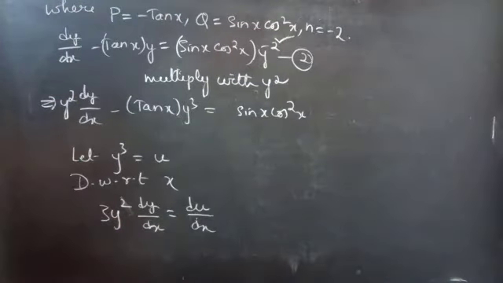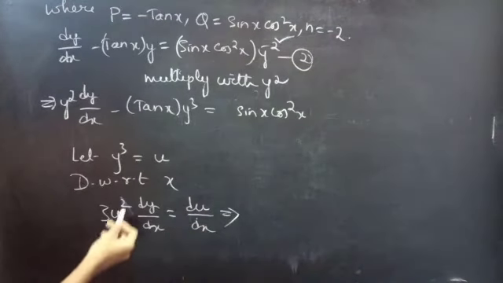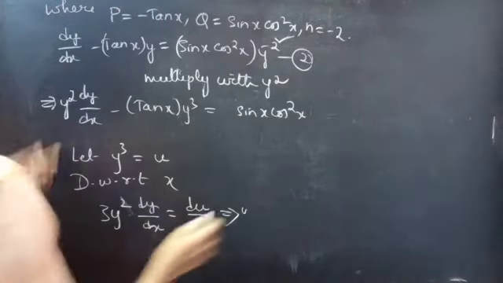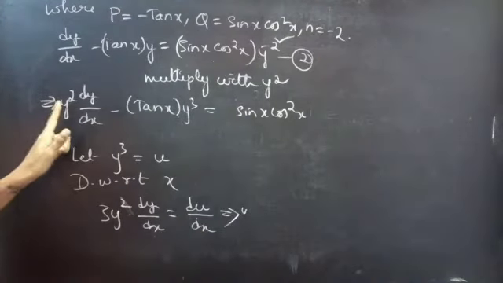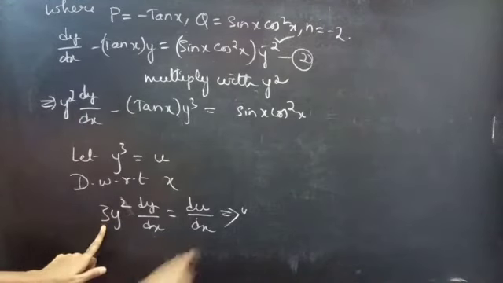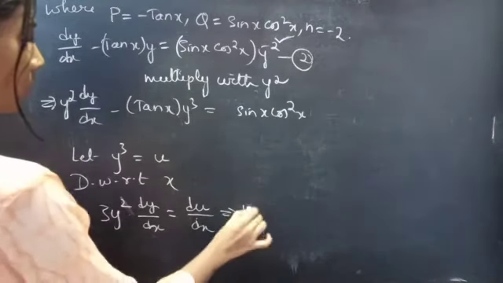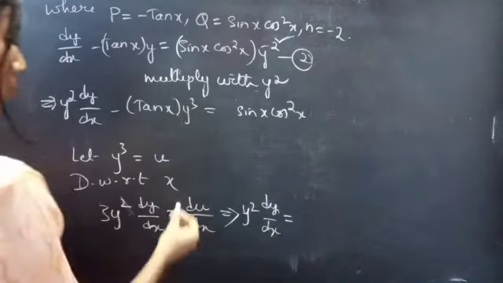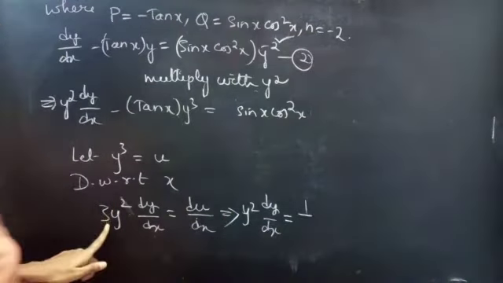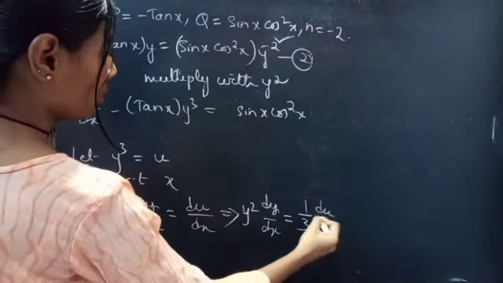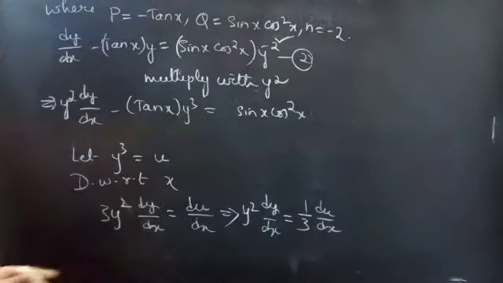So we have 3y square into dy by dx equals du by dx. In the first term we have only y square into dy by dx, so we can take the 3 to the RHS. Then y square into dy by dx equals 1 by 3 into du by dx.